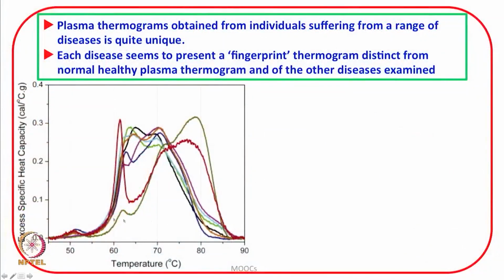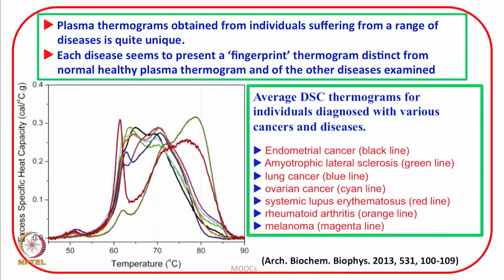Let me show you the thermograms which were obtained. These are plasma thermograms in this figure from individuals varying from a healthy human being to a person suffering from different diseases. Each thermogram is not that of a single human being.